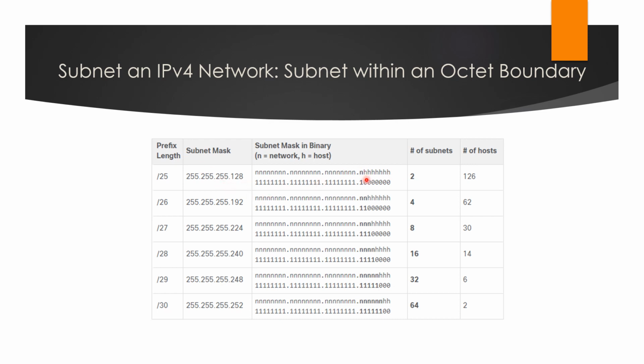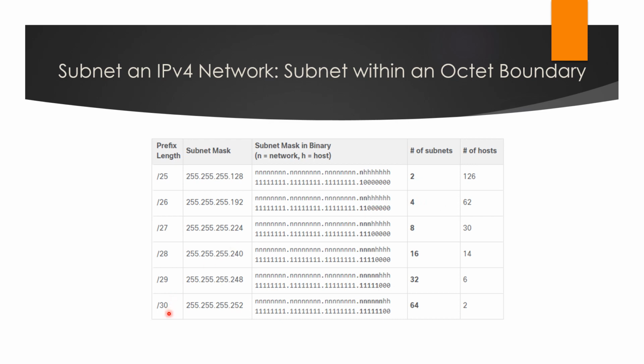By borrowing 1 bit, we can create 2 subnets with 126 hosts for each of those subnets. By borrowing 2 bits, we go to this prefix length with this subnet mask, and we get 4 subnets with 62 hosts for each of those.